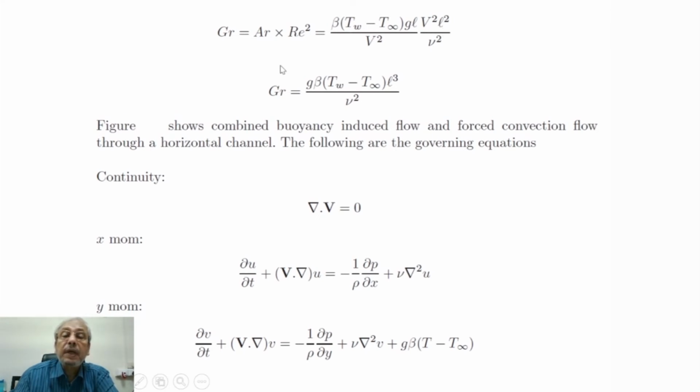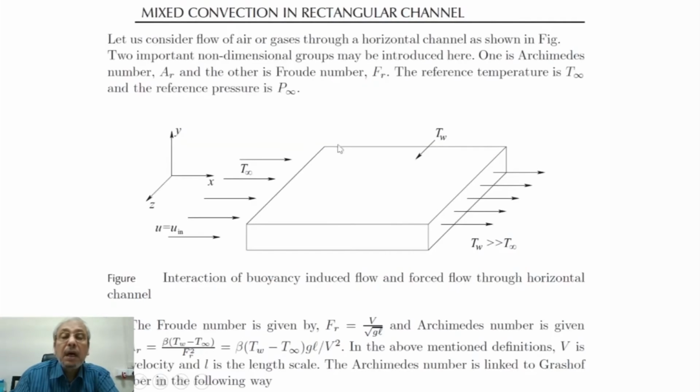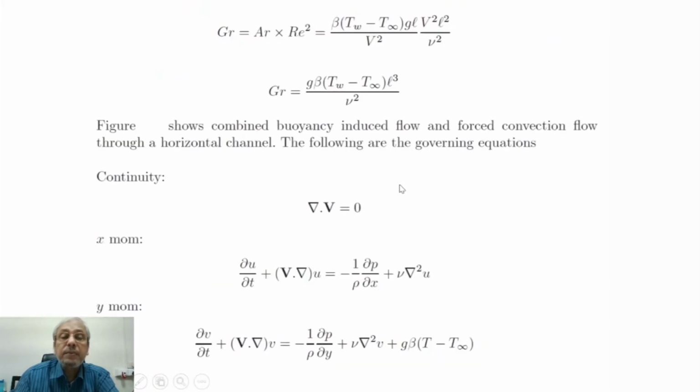We get the Grashof number g beta delta T L cubed by nu squared. Now this figure showed us the schematic of flow arrangements, and if we want to solve this numerically, we have to consider the continuity equation by invoking the Boussinesq approximation, where it remains divergence of V equal to 0.